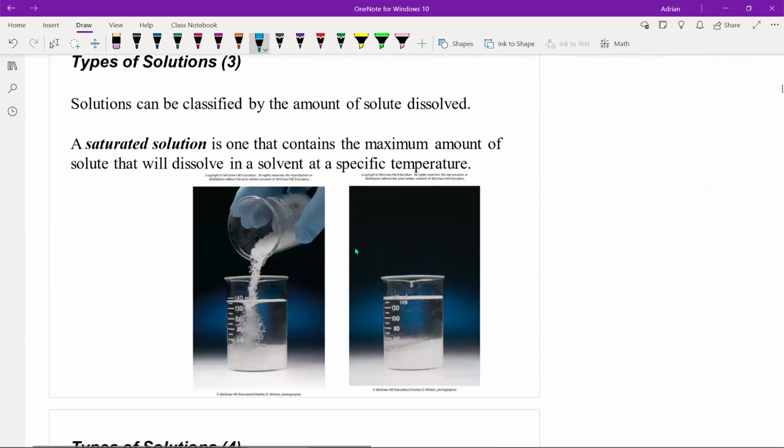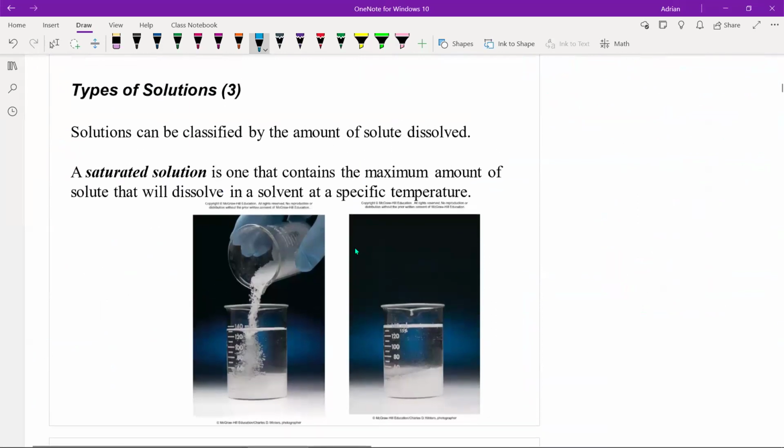Then we have a saturated solution. You can think of an analogy to these different types of solutions as a sponge. You start off with a dry sponge, it's unsaturated, you can add more water to it, and it can hold it, it can accommodate that water. Same thing with your solvent.